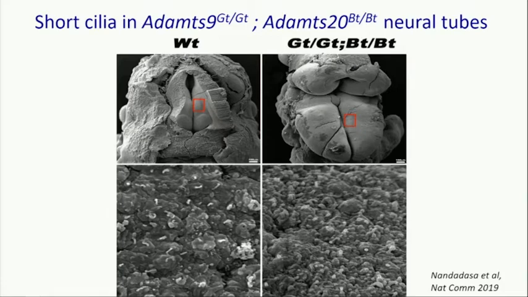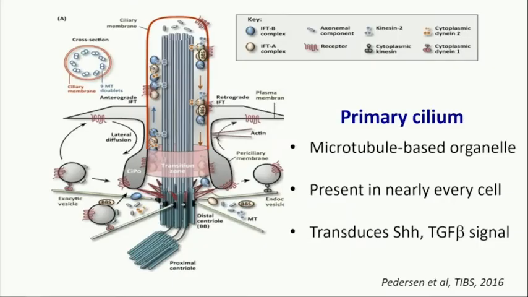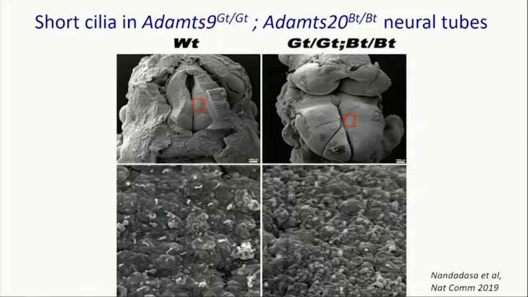So what you see here are scanning electron micrographs of a normal neural tube that's been cut open with a cilium on more or less every cell on the surface neuroepithelium, whereas in the mutant, either cilia are absent or are very short.